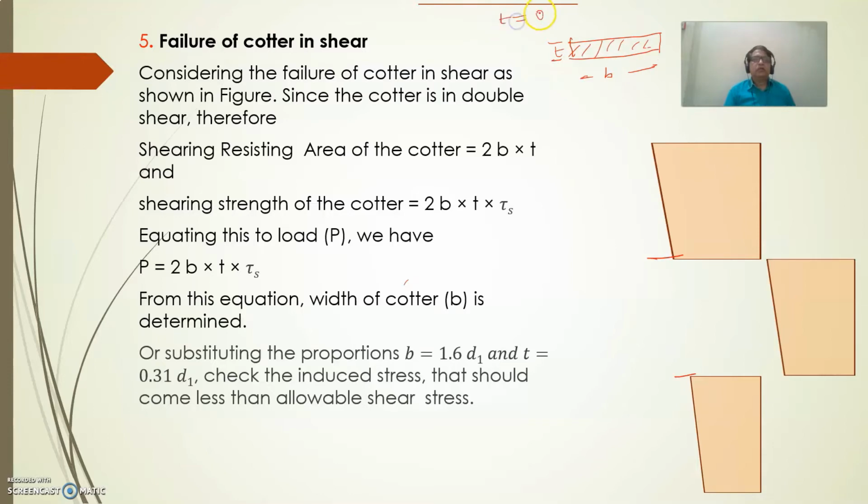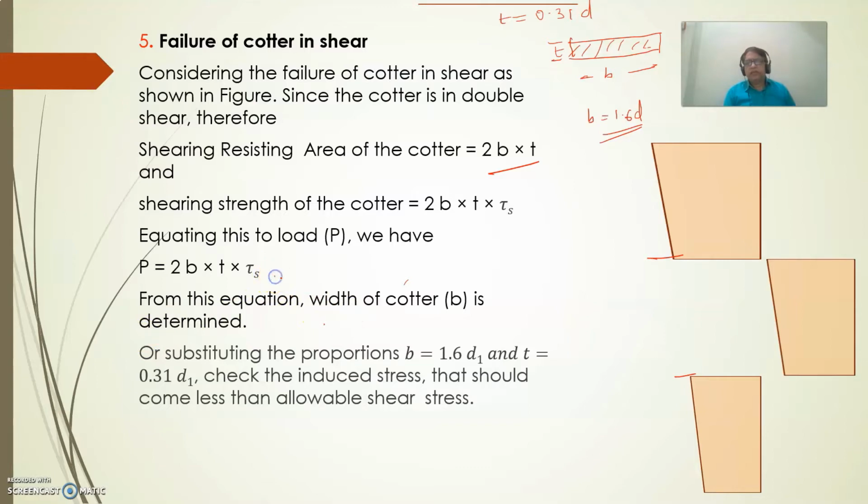Thickness is equal to 0.31 times the diameter of the rod end, and B is equal to 1.6 times diameter D. So using this I can get the value of B. We use 2B into T, because two areas are there, so that's why the resisting area is 2BT, and the applied force is equal to 2 times B into T times the shear stress.